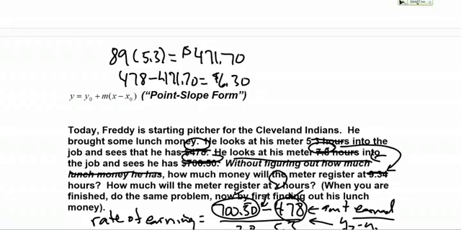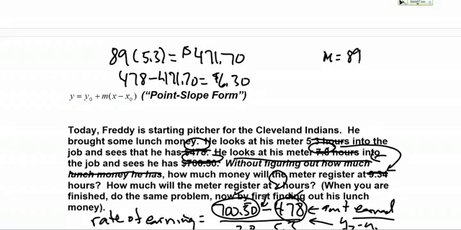So we know that he has $6.30 when he comes onto the job and earns money at $89 per hour. And so if we wanted to write this in slope-intercept form of the line, we can rephrase the whole problem as he earns $89 per hour and he starts with $6.30.